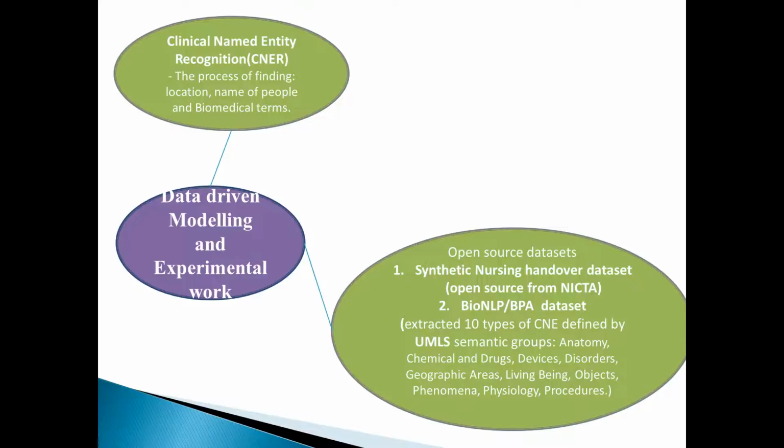Most clinical notes contain benchmark information in terms of UMLS semantic groups: anatomy, like body parts, chemicals and drugs, devices, disorders, geographic areas, living beings, objects, phenomena, physiology, and procedures.